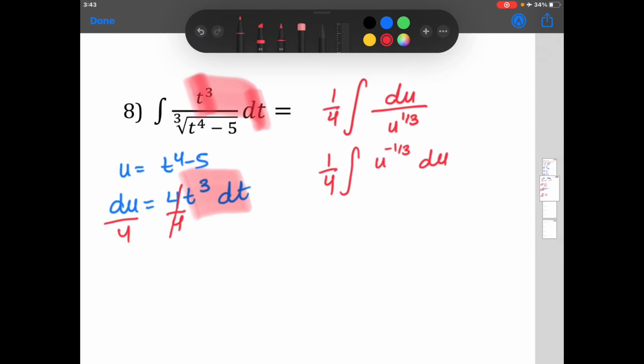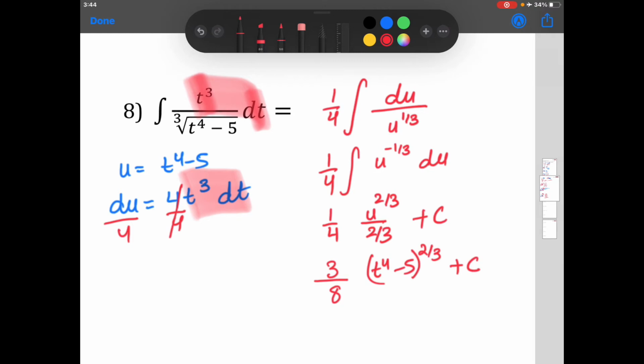Now the integral of u to the negative 1/3 would be u to the negative 1/3 plus 1, which is u to the 2/3, divided by 2/3. Dividing by 2/3 is what? Multiplying by 3/2. So this is going to be 3 over 8, substitute back your u, t to the 4th minus 5 to the 2/3 plus c.